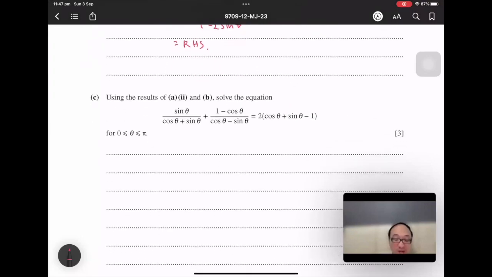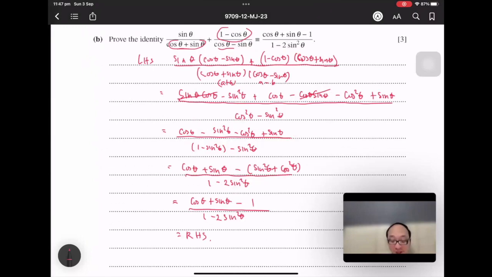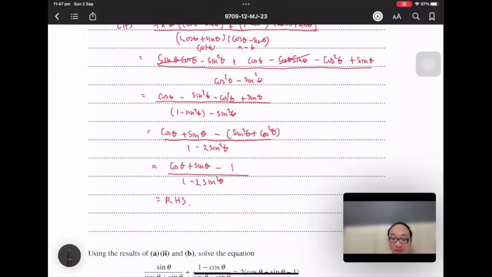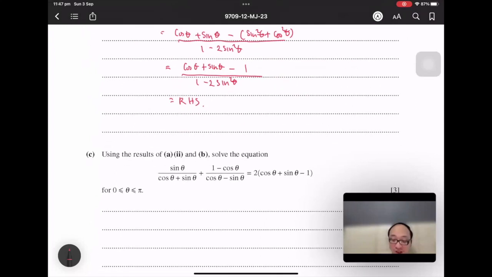Using the result of A and B, solve the equation. So we see that the form is the same as the previous answer. So we can change this using (cos theta plus sin theta minus 1) over (1 minus 2 sin squared theta), and this equals 2 (cos theta plus sin theta minus 1).